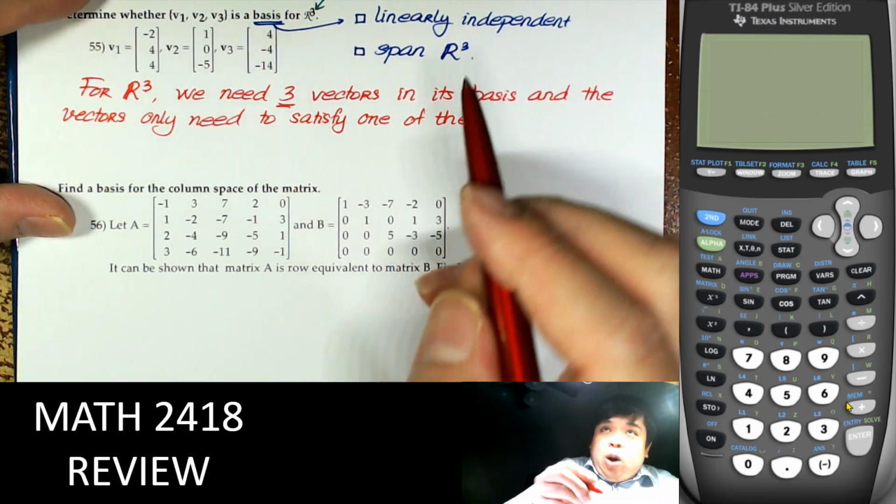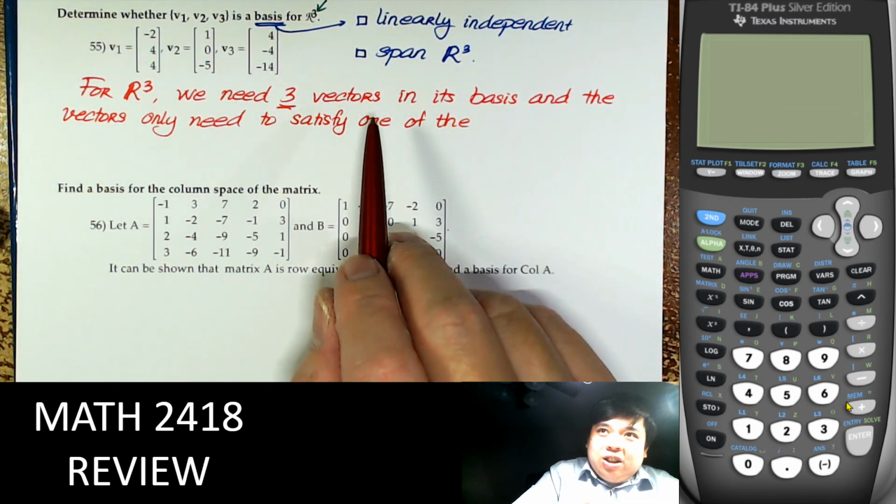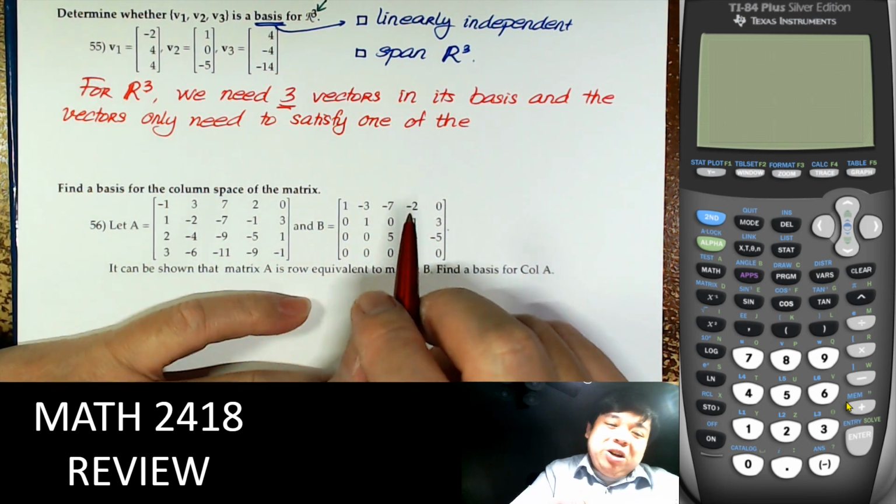I should say, when it satisfies one, it will satisfy the other. So we only need to check one property.